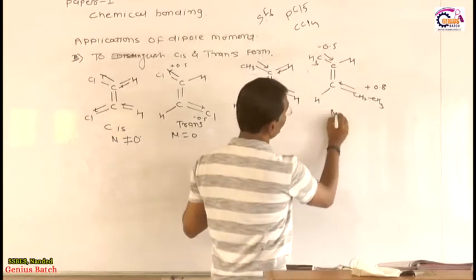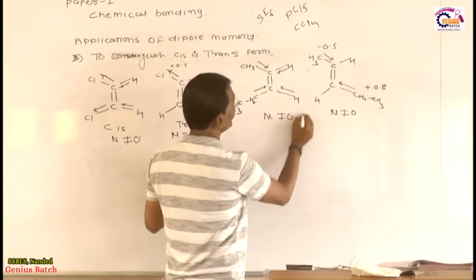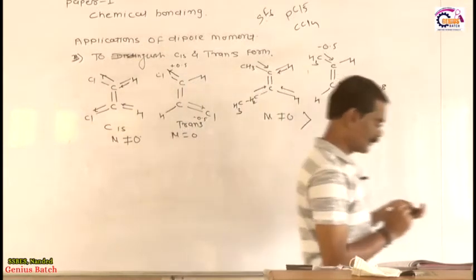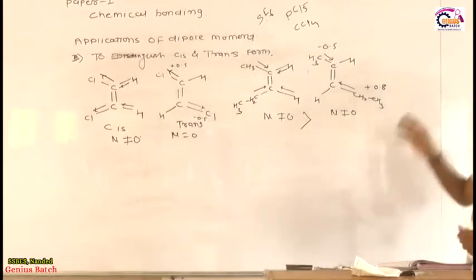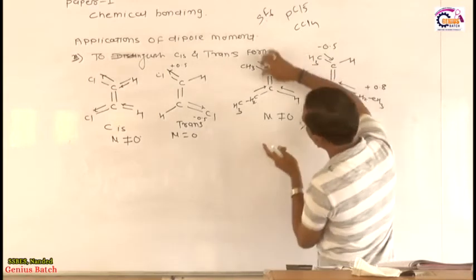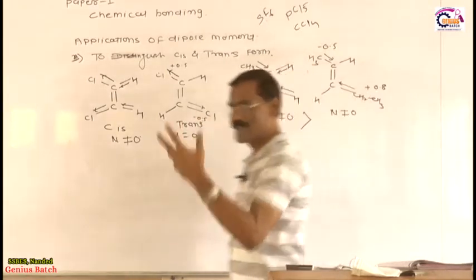It means overall mu is not equal to 0. No doubt here also mu is not equal to 0, but this mu is always greater than this. The dipole moment of the cis isomer is always greater than that of the trans, because in trans it maximally cancels, while in cis addition takes place of the two dipole moments, which have a higher contribution from the individual polar bonds.